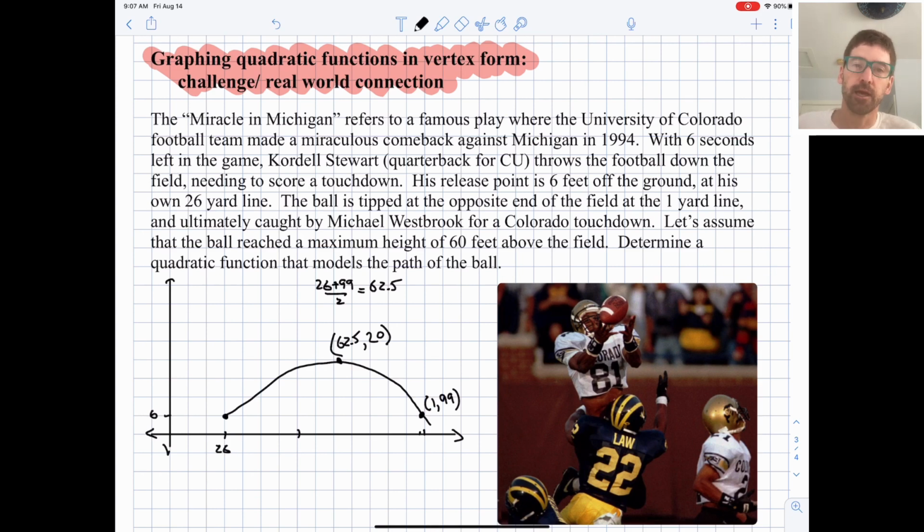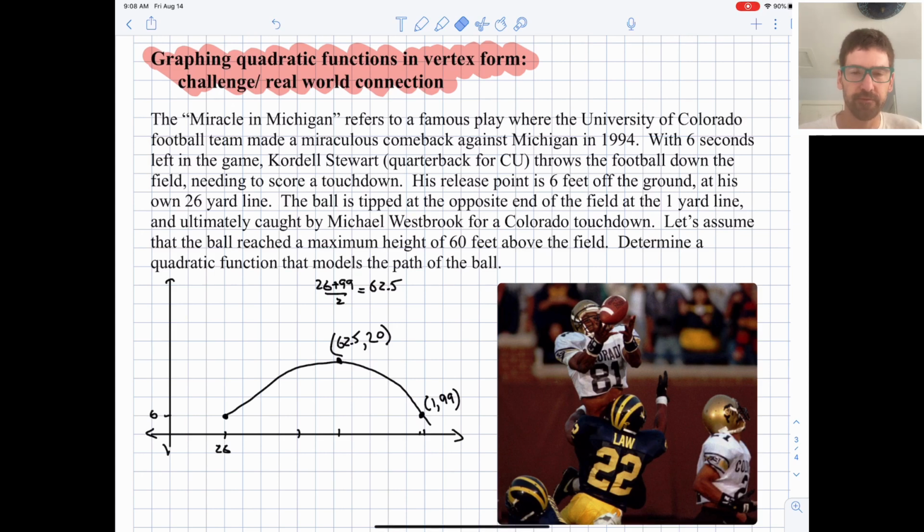No, excuse me, had traveled to the 62.5 yard mark, and it was 20 yards above the field. By the way, in football, you wouldn't see the 62.5 yard mark. That would actually be the opponent's 37.5 yard line. Okay, but we are assuming that our scale goes from 0 to 100 here.